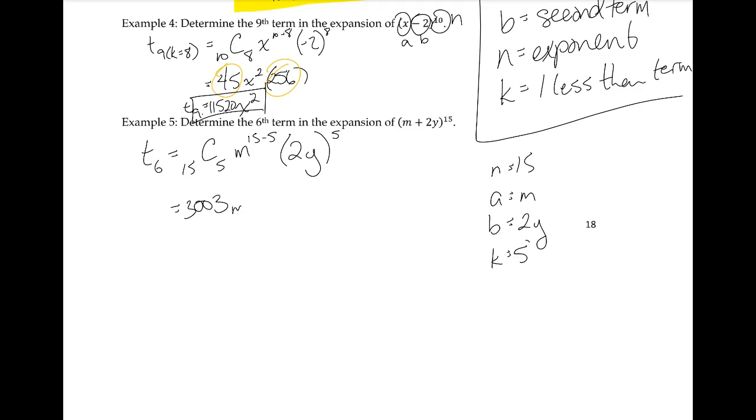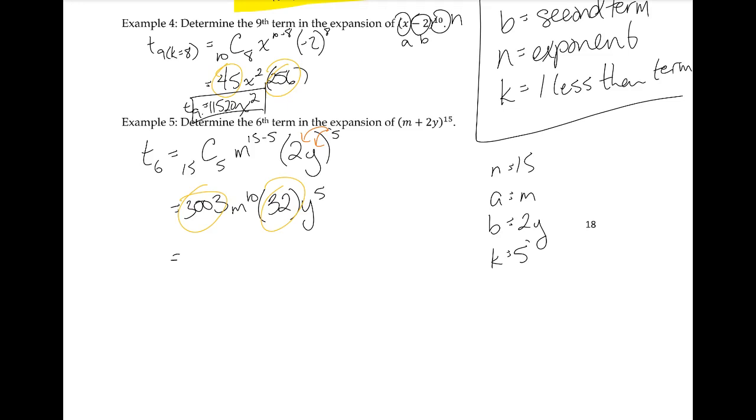M is to the power of 10. What happens here is that when we have a power of a product, we can actually apply that power to both pieces. So I've got 2 to the power of 5, which is 32, and then y to the power of 5. Just like the previous example, whenever we have constants that are multiplying in a string of things, we can pull them out and multiply together.